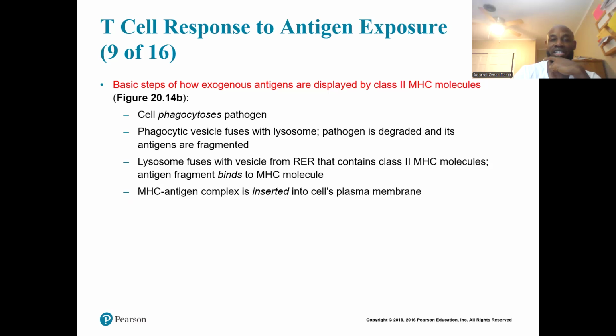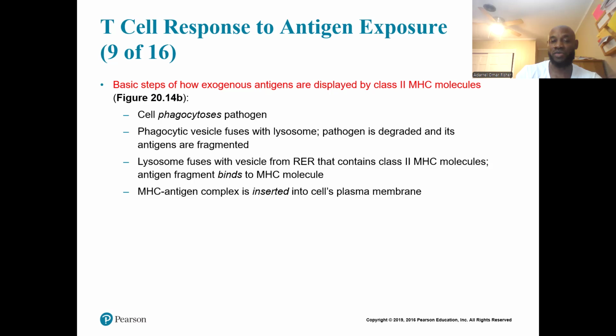The other one, the exogenous antigens, class 2 MHC molecules. The cell phagocytoses the pathogen, the phagocytic vesicle fuses with a lysosome, the pathogen is degraded and the antigen fragmented.